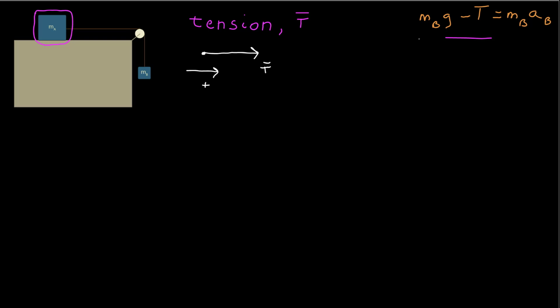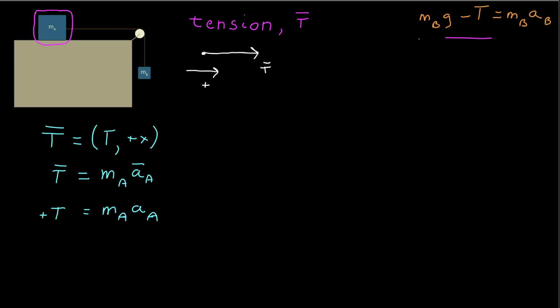I've established a coordinate system that's positive to the right also, because I think mass A is accelerating that direction. There's my vector, which is the tension. So that tension is equal to the mass of A times the acceleration of A. That's in vector form. Translating that with my one-dimensional notation for vectors, it's in the positive x direction, and then is just equal to the mass of A times the acceleration of A.